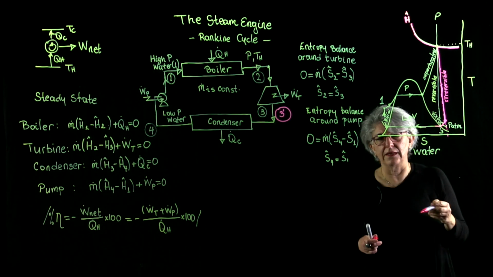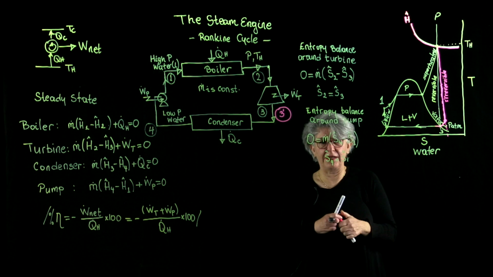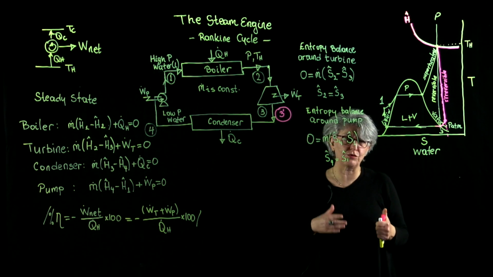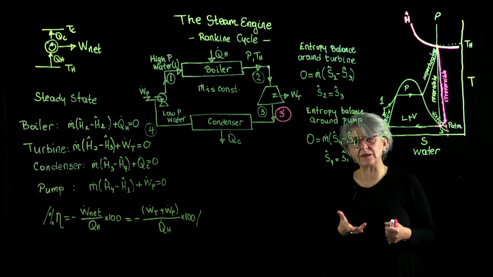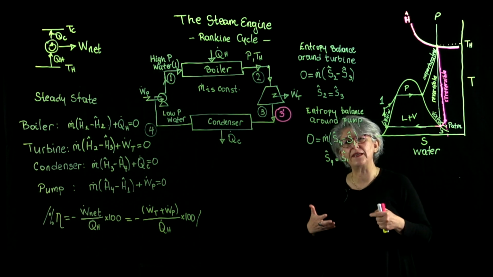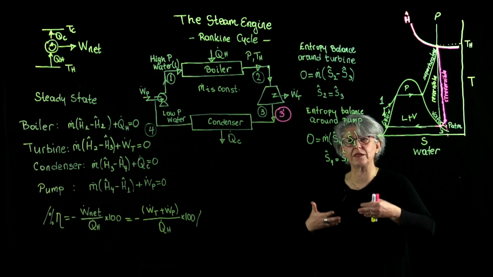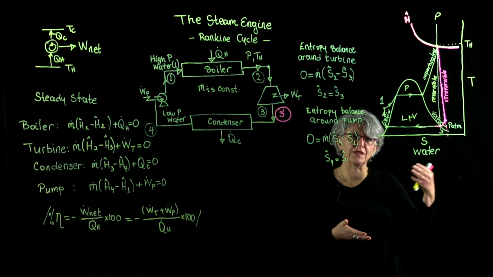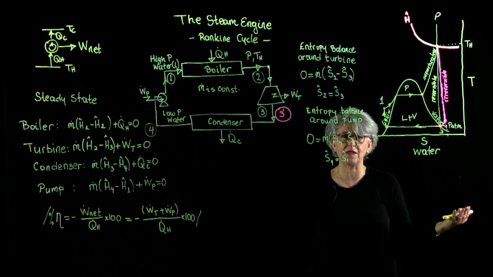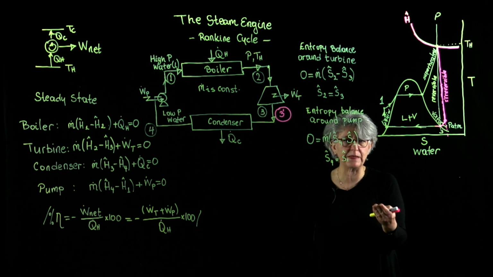The way we treat those irreversibilities could be top-down or bottom-up. Top-down means that if we have a heat loss of so many kilojoules, how much would that translate to in terms of entropy generation using the entropy balance?